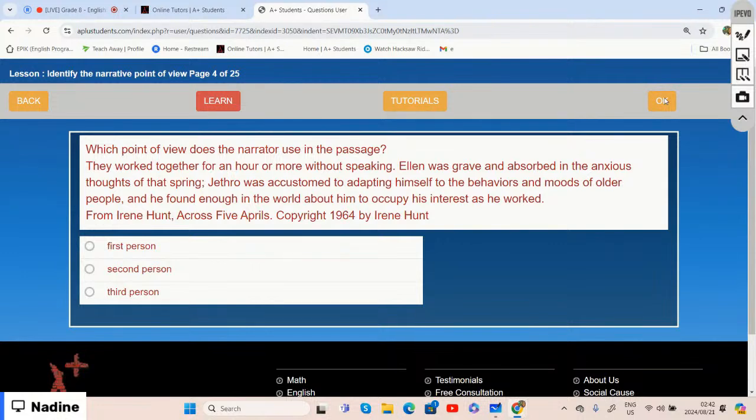We need to say if that is in the first person, second person, or third person.